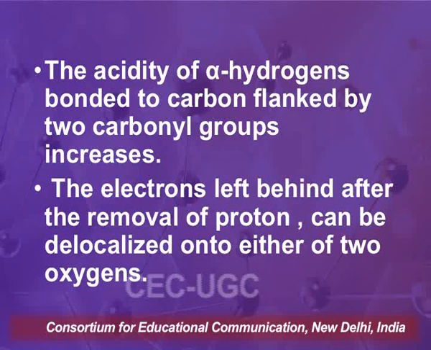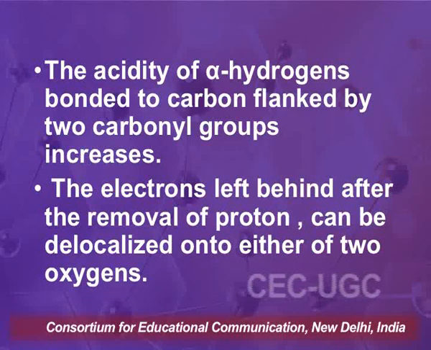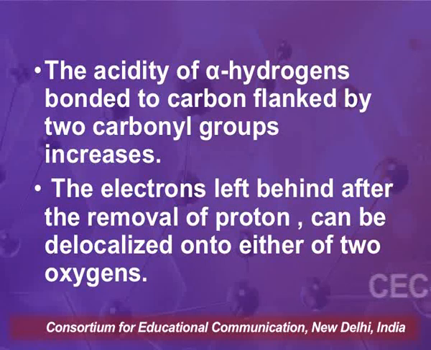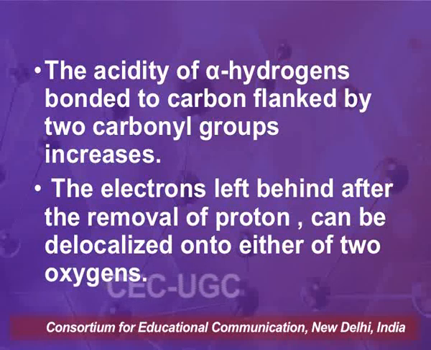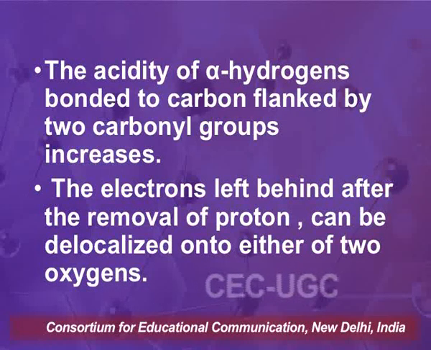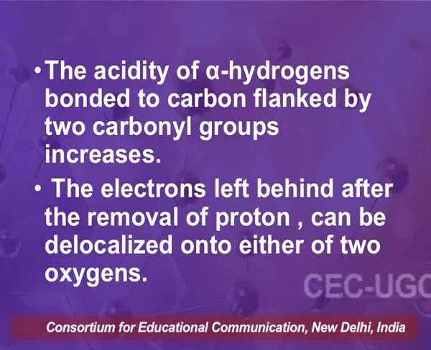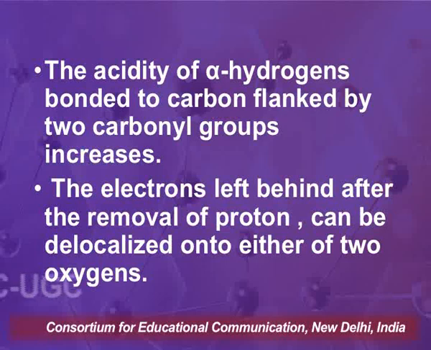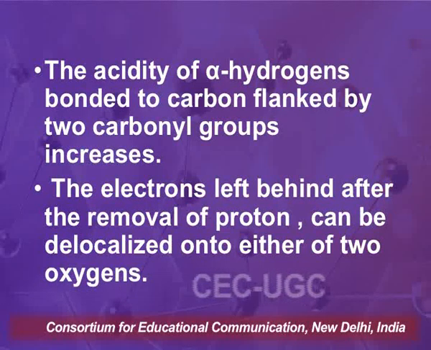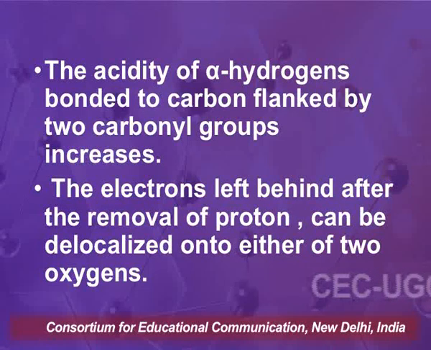So we find that the carbanion which is formed as a result of dissociation or removal of a proton from this methylene group, which is sandwiched between two electron withdrawing groups, is more stable. Here the negative charge can be delocalized onto either of the two oxygens of the acetyl groups.